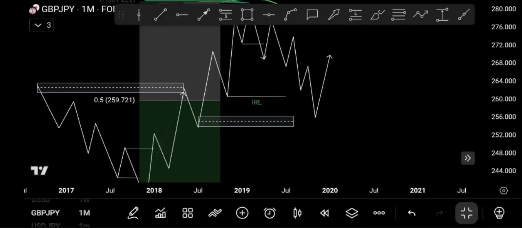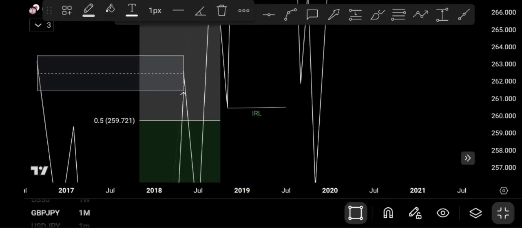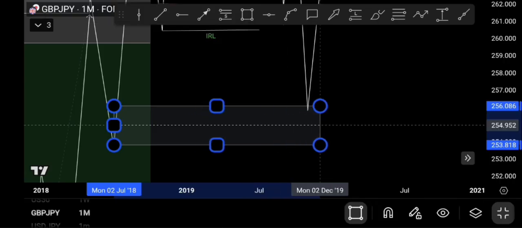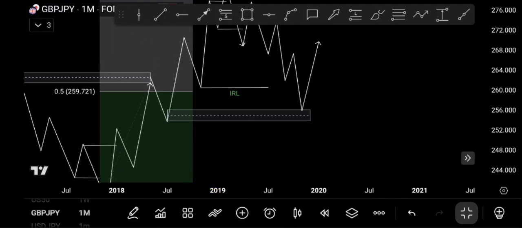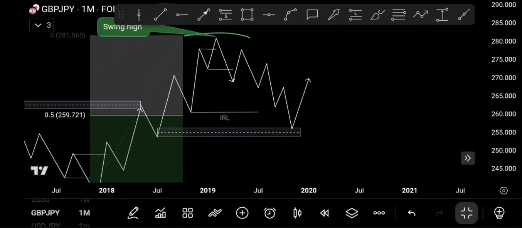You understand? This is our internal range liquidity being taken out. Then price gives us a sweep and our break of structure.